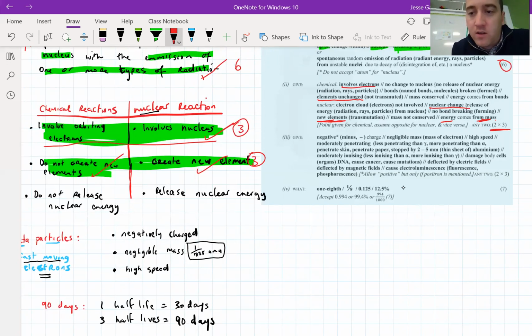Oh no, sorry, it does say, release of nuclear energy from nucleus. Release of energy from nucleus. So that's that one. And this one says no release of nuclear energy. Okay, as you can see there. So marking schemes can be quite complicated, but you're looking to see if you've got the key points that are in there.